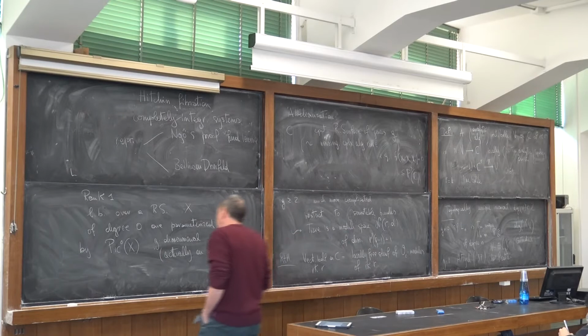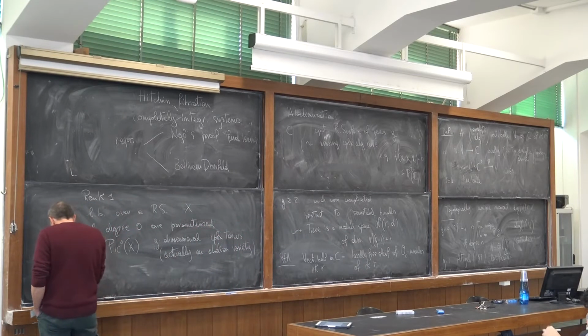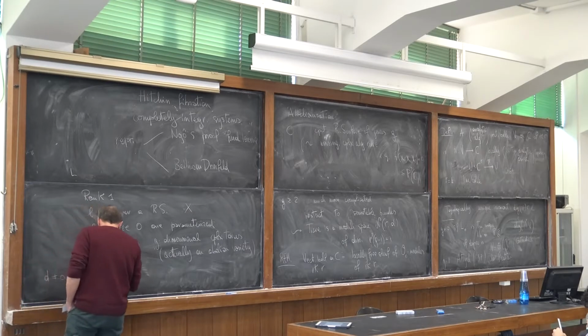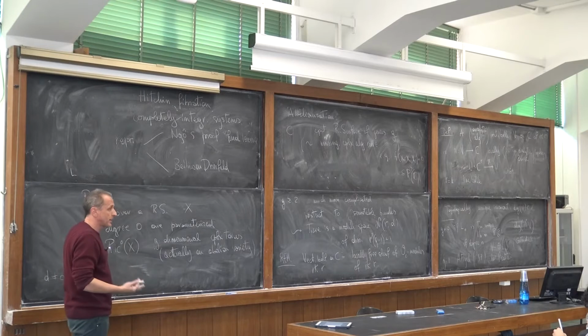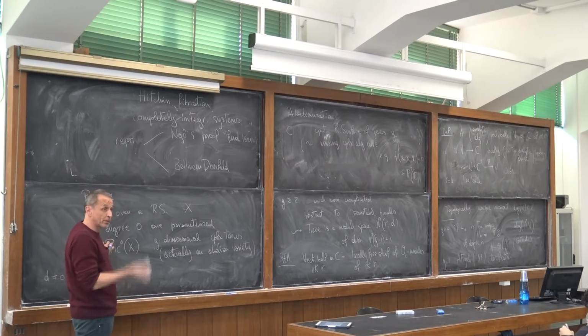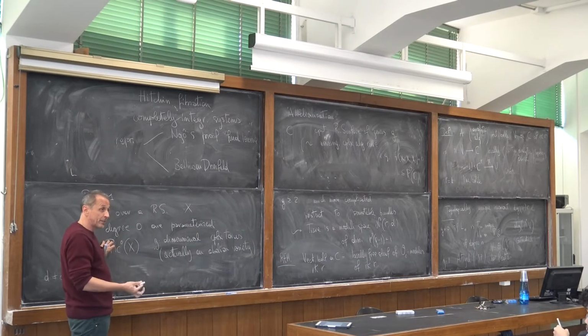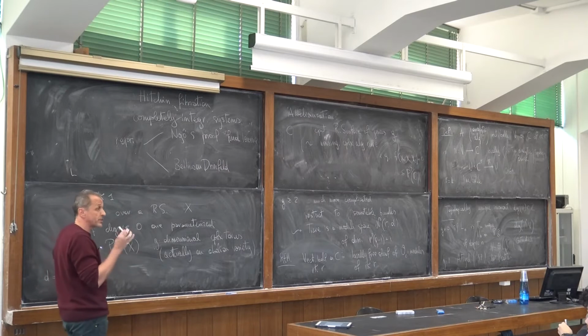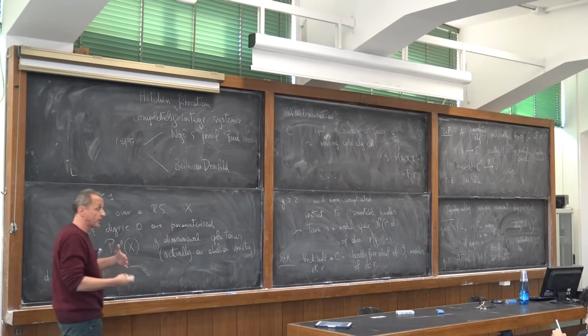And for degree different from 0, Pic^d(X) is not a group, whereas Pic^0 is a group because you have an origin: the trivial line bundle. For d different from 0, there's no such origin, so this is what is called a torsor.